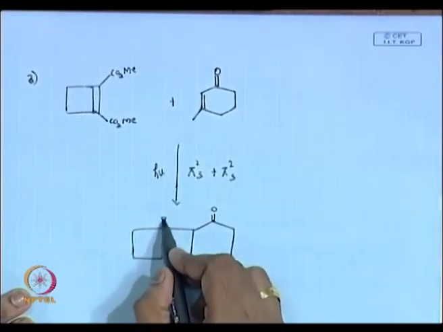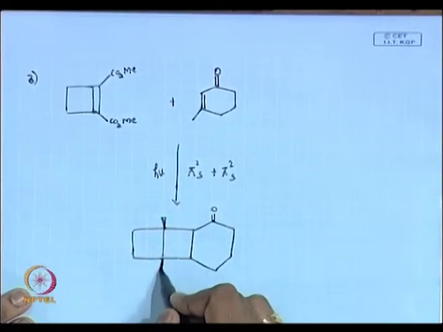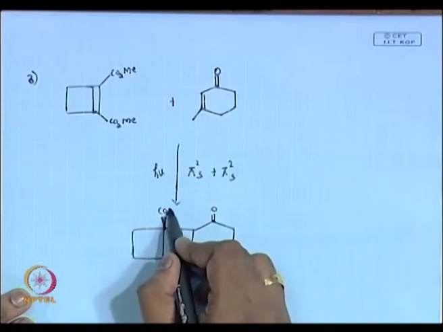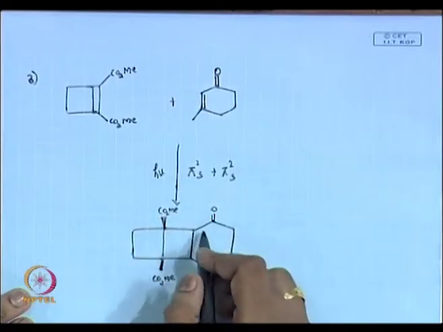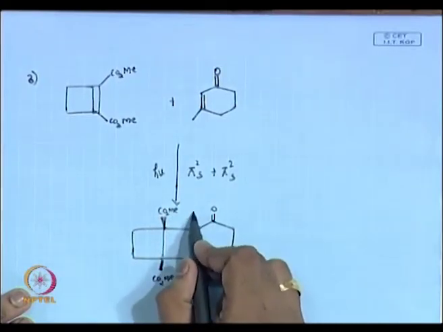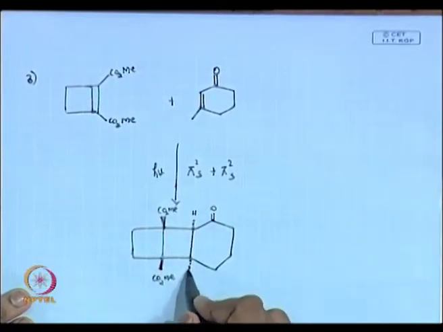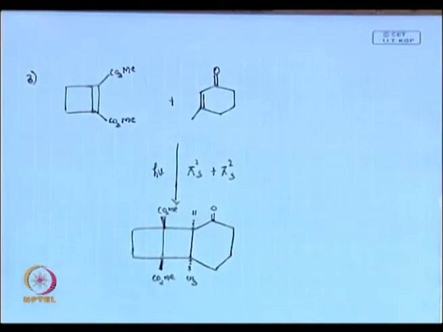So, your CO2Me and you have a CO2Me, then you have your hydrogen and you have your methyl. Right. So, this is another example which tells how suprafacial additions should be very precise.